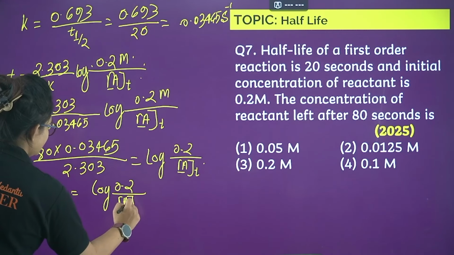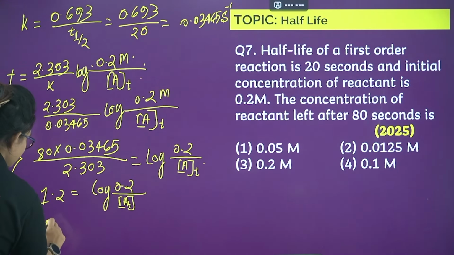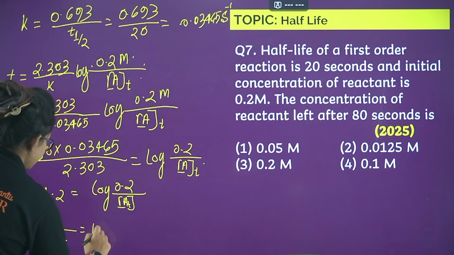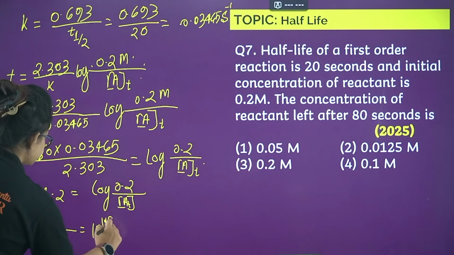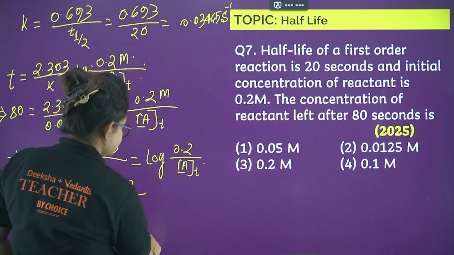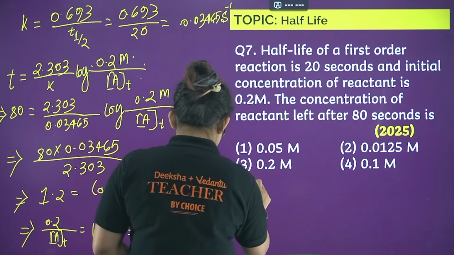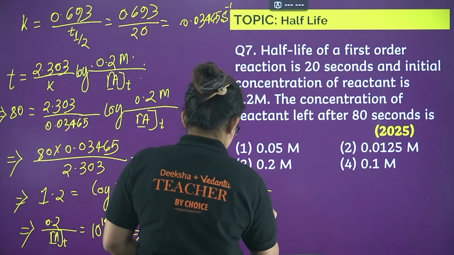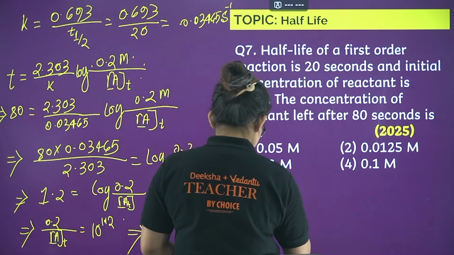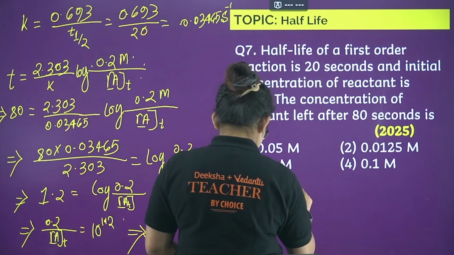Now if you want to do anti-log, it should be 10 power 1.2, right? So 0.2 divided by At is going to be 10 power 1.2, right? Hence from here I am going to get the value of 10 power 1.2 as 15.8.